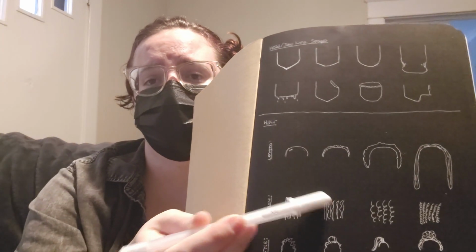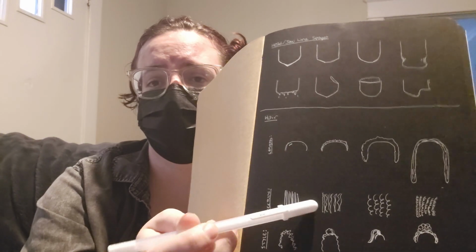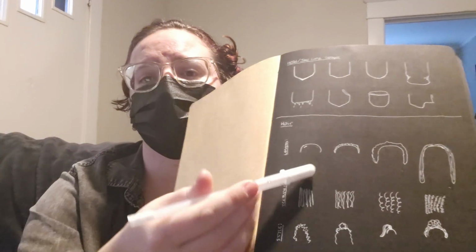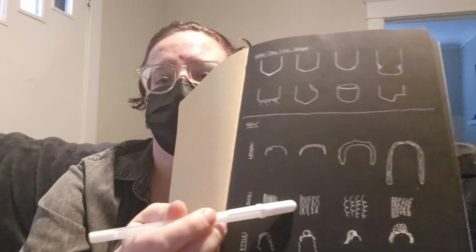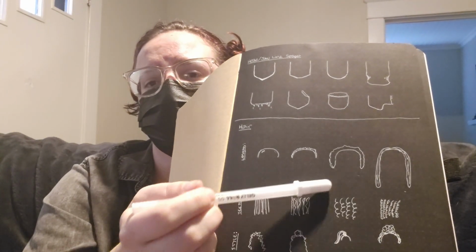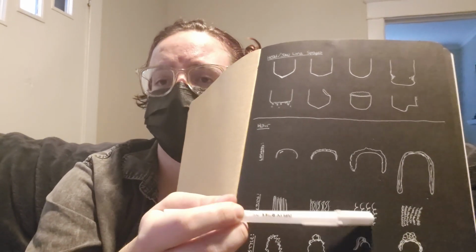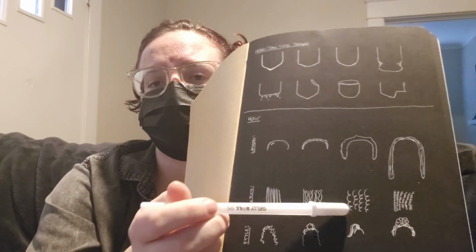And then you could have a little bit of a wave, like a beach wave kind of thing. Or maybe your hair is straight, but it does have some sort of texture to it. And then you could have some loose curls. So you're going to have that coil finally. A little bit of a coil going on.